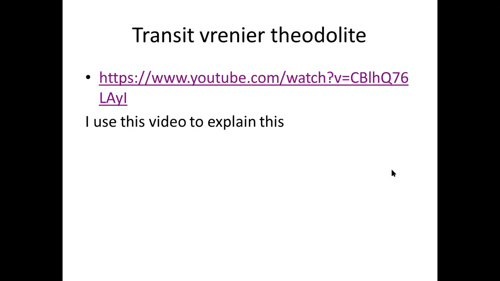The plate level can be centered with the help of the foot screws. One of the plate levels is kept parallel to the line of sight. When in use, the theodolite is supported on the tripod. The tripod consists of three legs with pointed steel shoes.